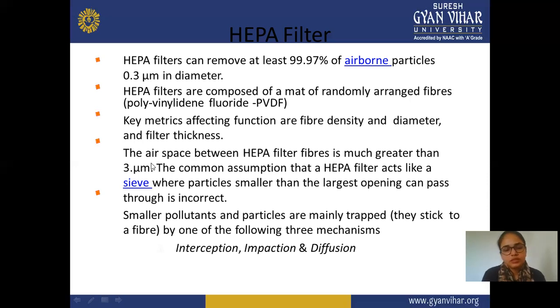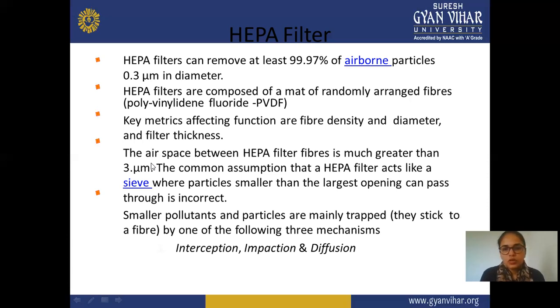Means a HEPA filter does not trap only a specific particle size. These filters can easily entrap smaller as well as larger particles, so they cannot pass through, and proper entrapment of the particles takes place.